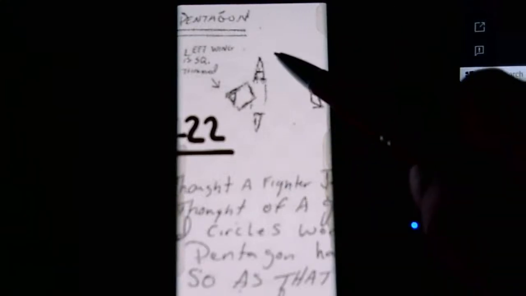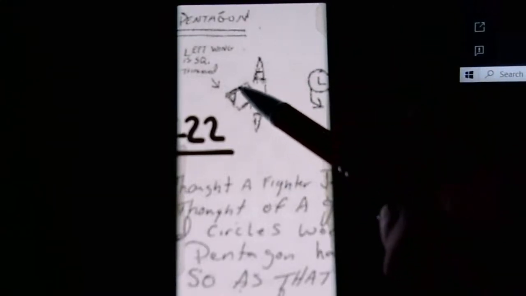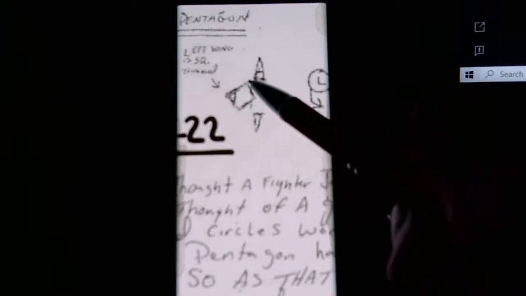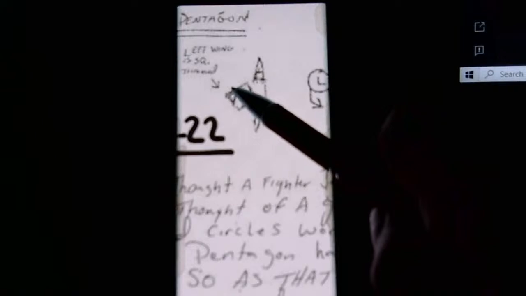So basically, what they would do here is keeping your fuselage as a 5-sided pentagon. You take your square and overlay it on the fuselage, and you clip off the tip.